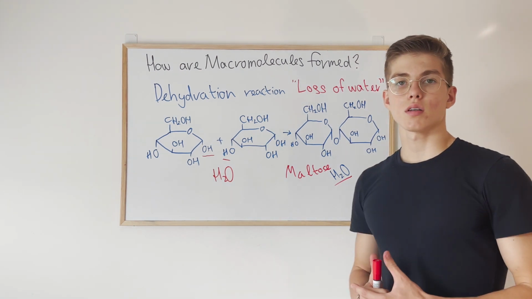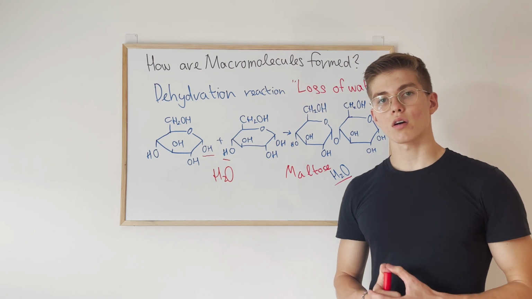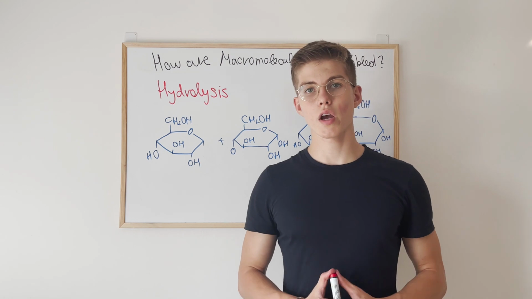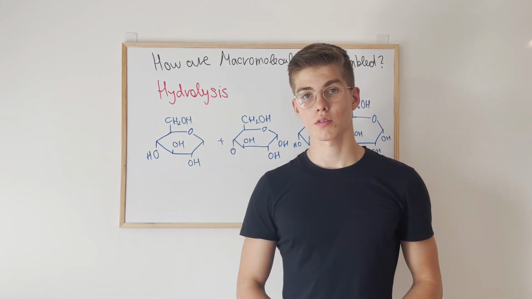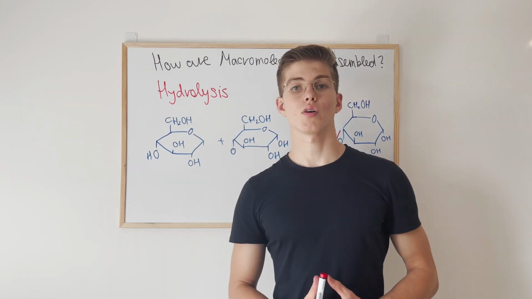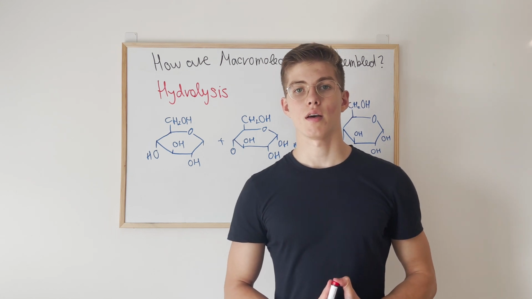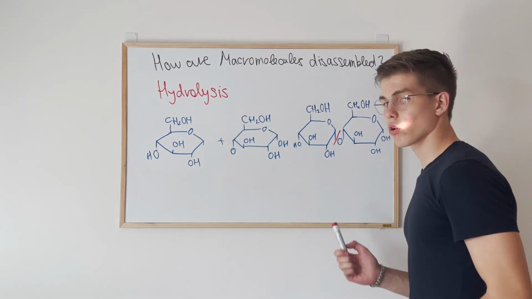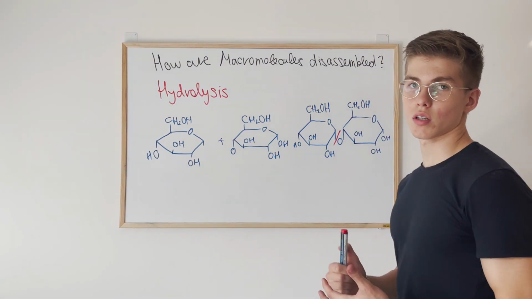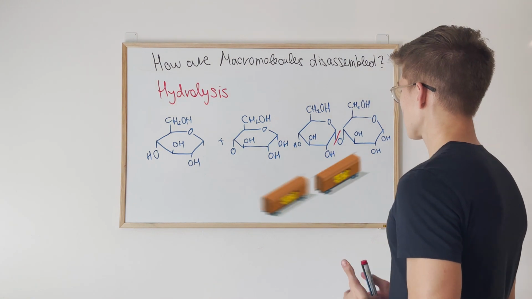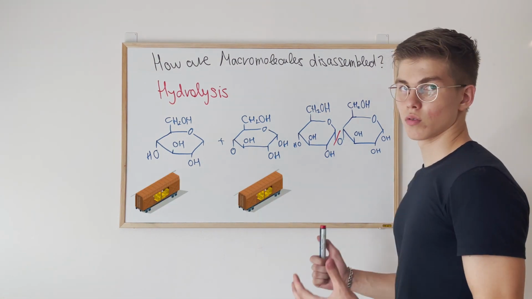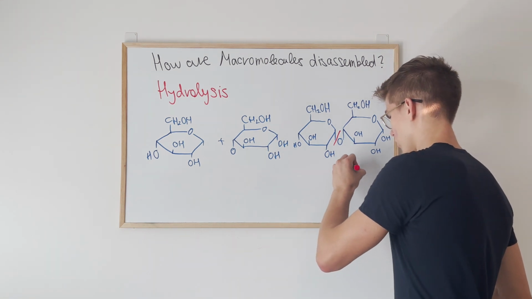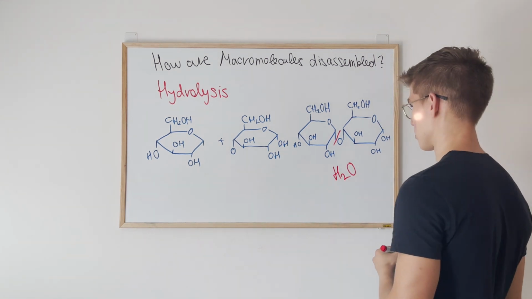Now, what about a reaction that allows our bodies to disassemble these macromolecules? This reaction is called hydrolysis, which is basically the opposite of the dehydration reaction. And what happens during this process is that a polymer chain, in our example we used a disaccharide, gets broken down into monomers by adding a water molecule back to it.